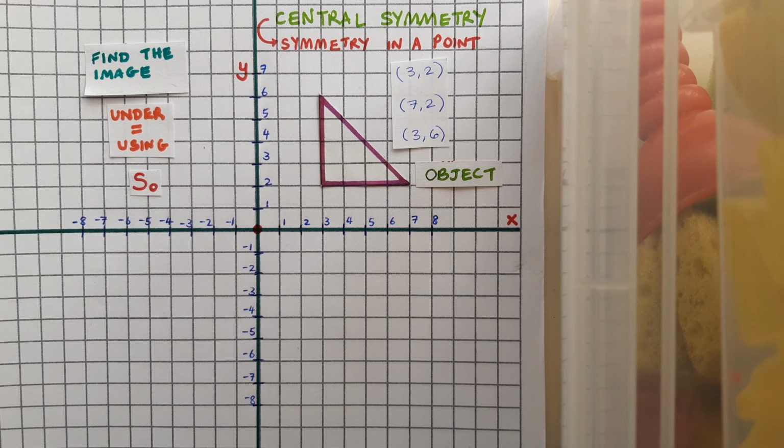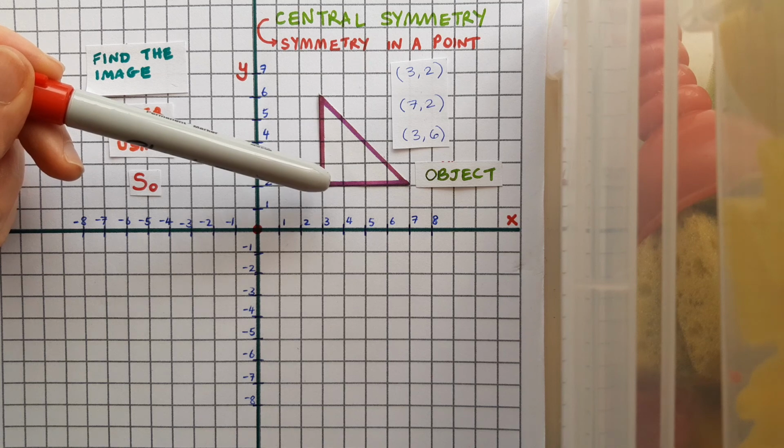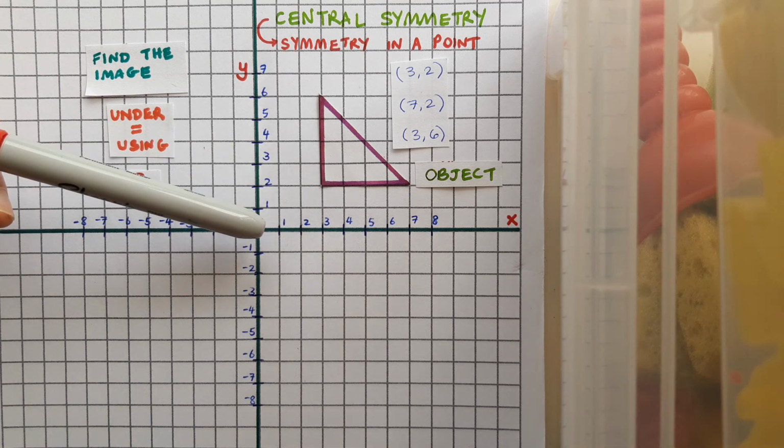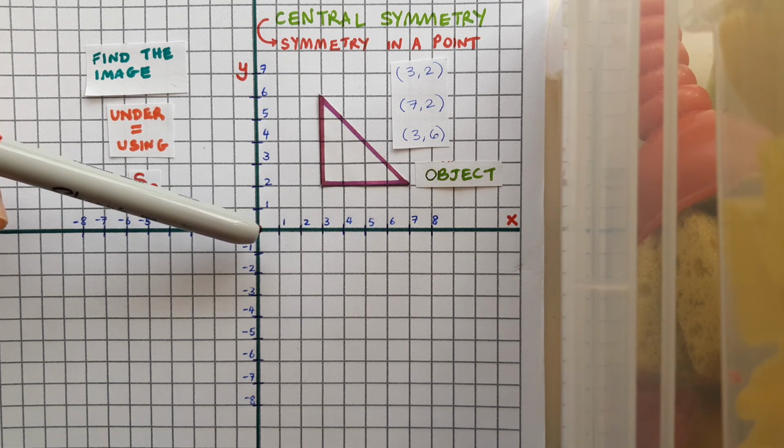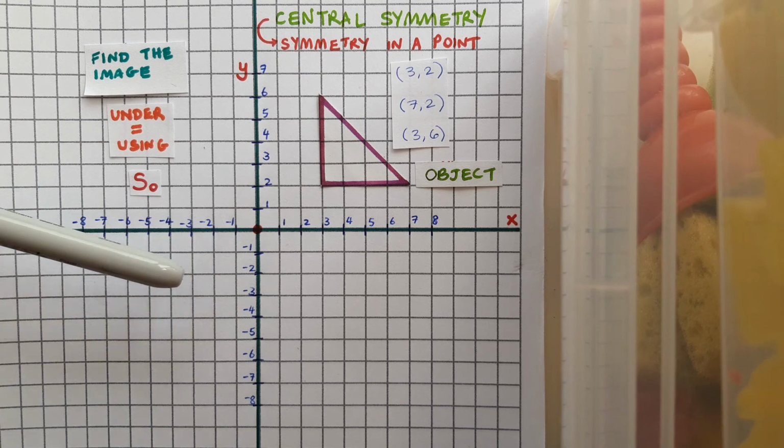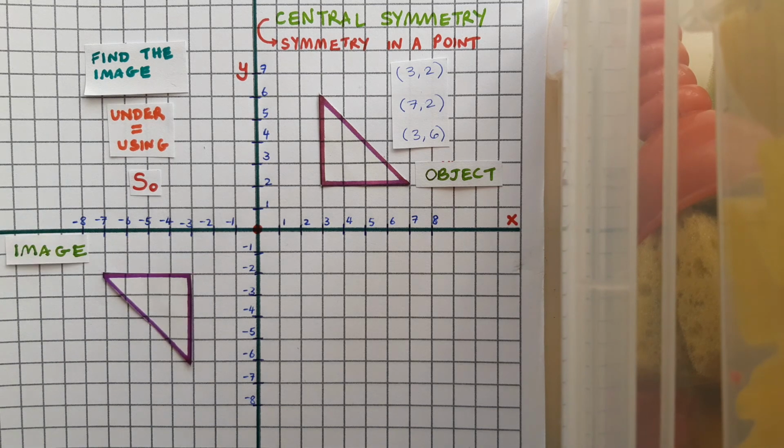When I want to find an image under central symmetry, what I'll do is I will take each vertex from the object, I'll bring it to the center of symmetry, my point, and I'll bring it out the far side by the same distance. In this case, my resulting image will be located here.